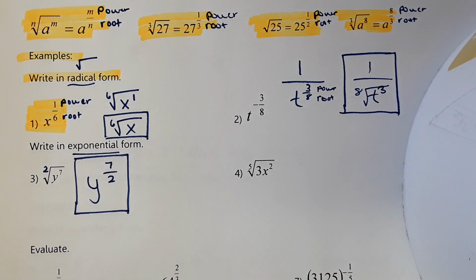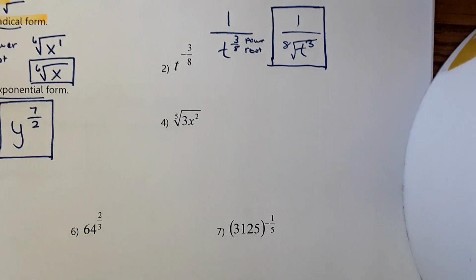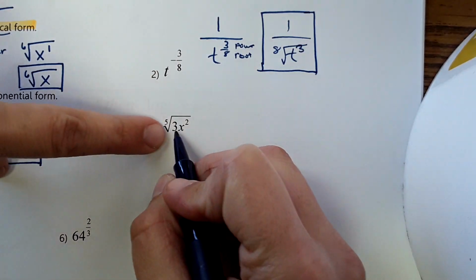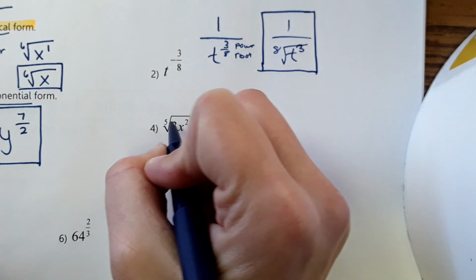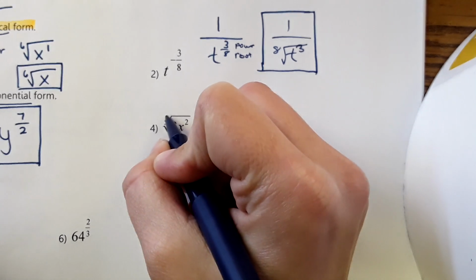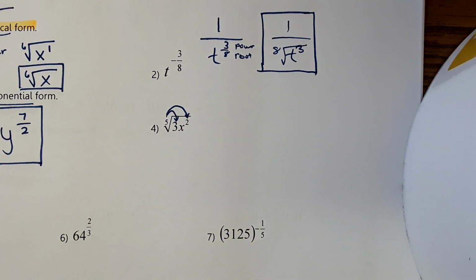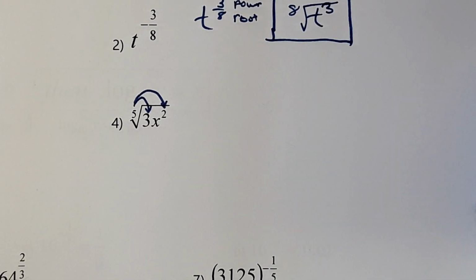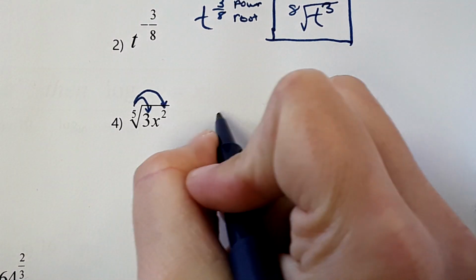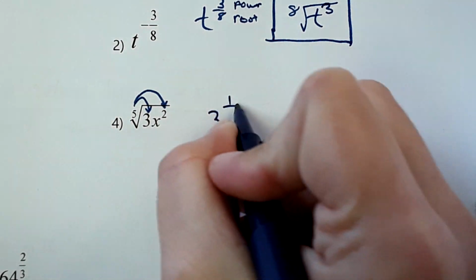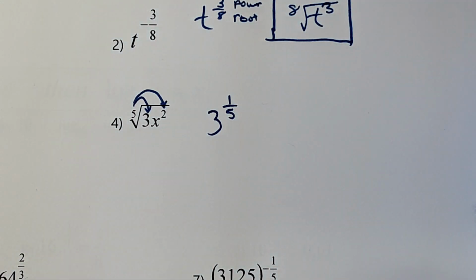Okay. Then number 4, of course, they take it up a step. We have the 5th root out here, and then we have 2 different terms in here. So we have to apply this 5th root to both of these. And what that would look like, for 3, it'd be to the 1/5 power.